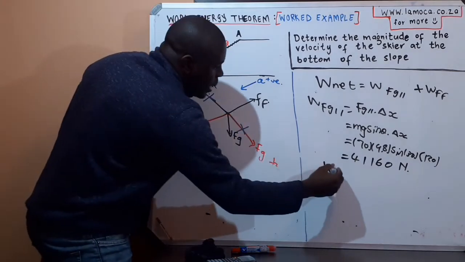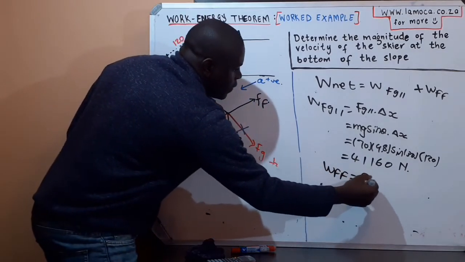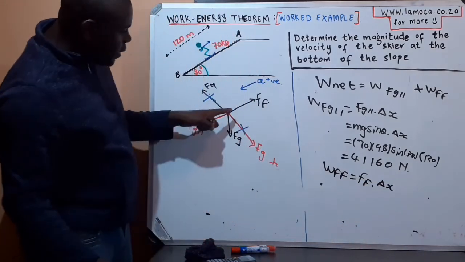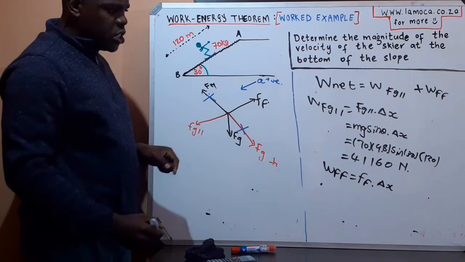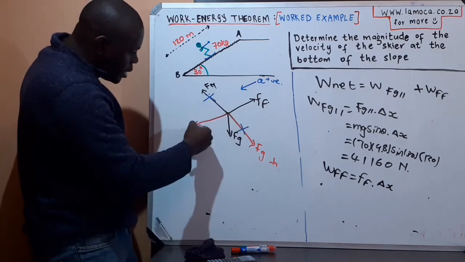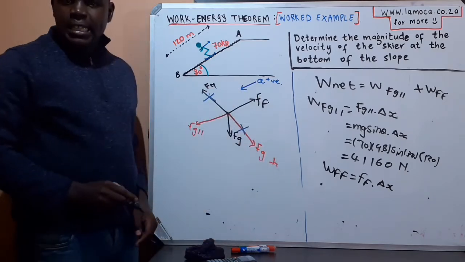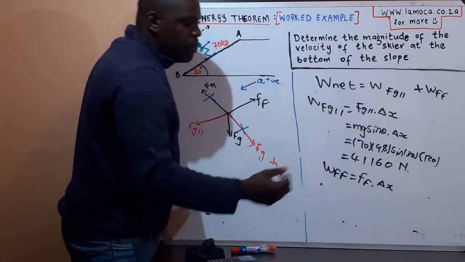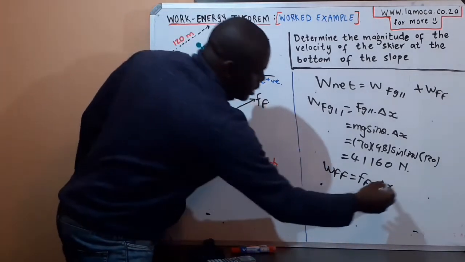Now, the work done by the frictional force is the frictional force times delta x. Keep in mind that the frictional force is opposing the motion, so the angle between the displacement and the frictional force is 180. Cos of 180 is -1. We spoke about it: friction does negative work.